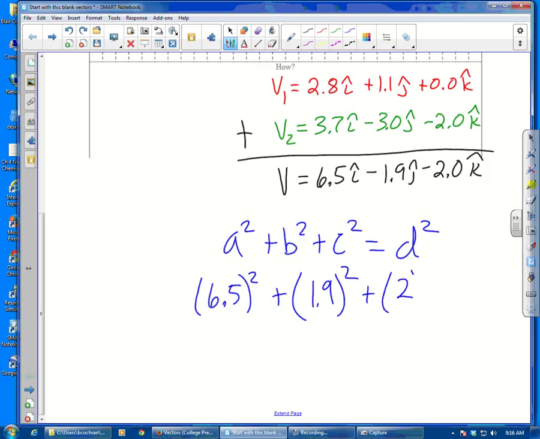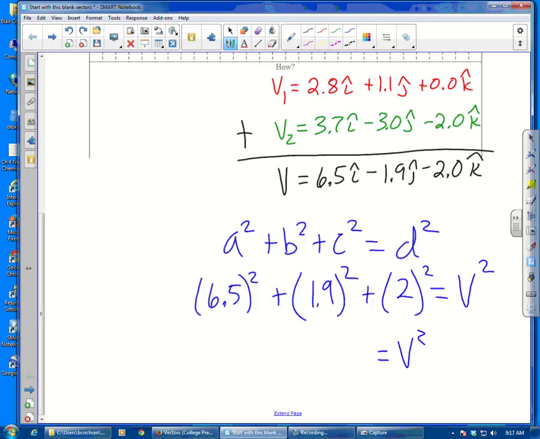This is 2 squared equals v squared, and we're looking for v. And this is where I need my calculator. 6.5 squared plus 1.9 squared plus 2 squared equals 49.86.